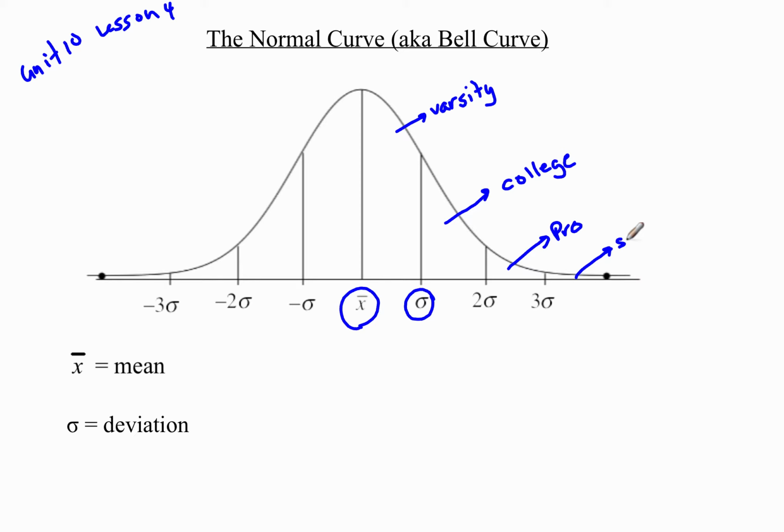Well, these are your superstars, right? There's plenty of people who've made it to the pros, and you don't know their name, but we all know the superstar names. We know names like Michael Jordan and Tiger Woods and Phil Mickelson and Matt Harvey. We know all those names. They're the superstars. But can we name every pro athlete out there? No, but they're definitely better than the average. And then likewise, we can go below average.